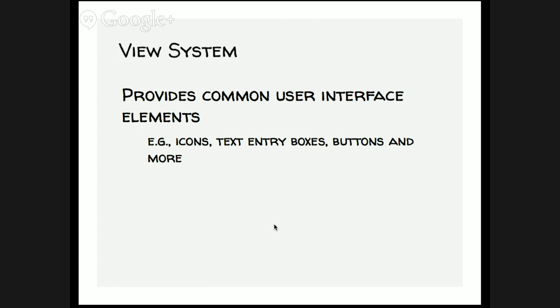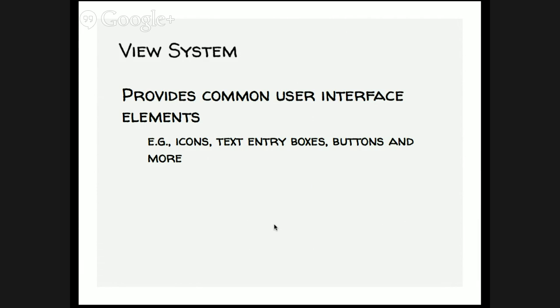Don't worry too much about this right now. Just understand what this manager is doing. You will get to know more about how to use it later on. It provides a common interface for all the applications. They don't have to start writing how to manage icons, text boxes, and buttons. It's a consistent view across all the applications.